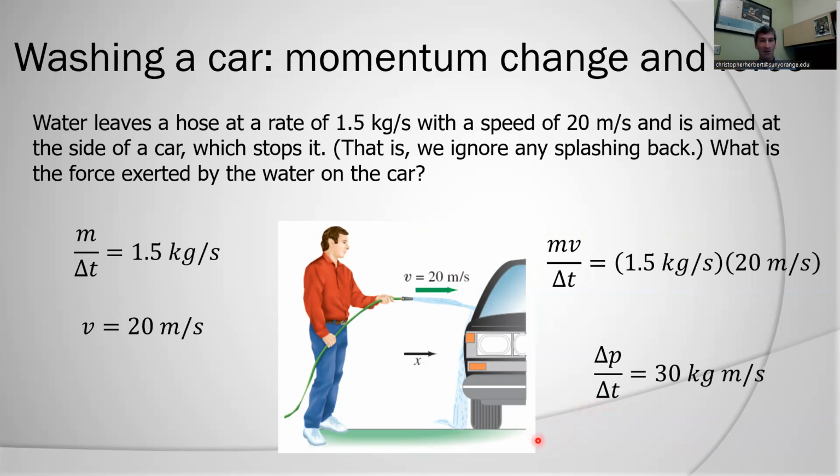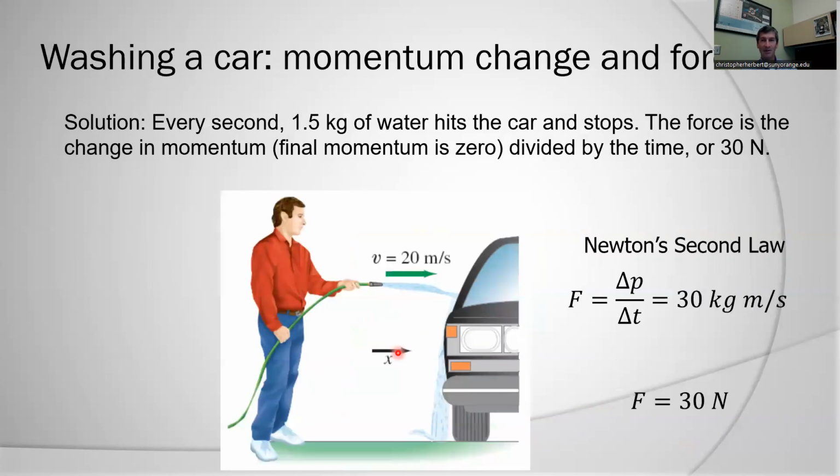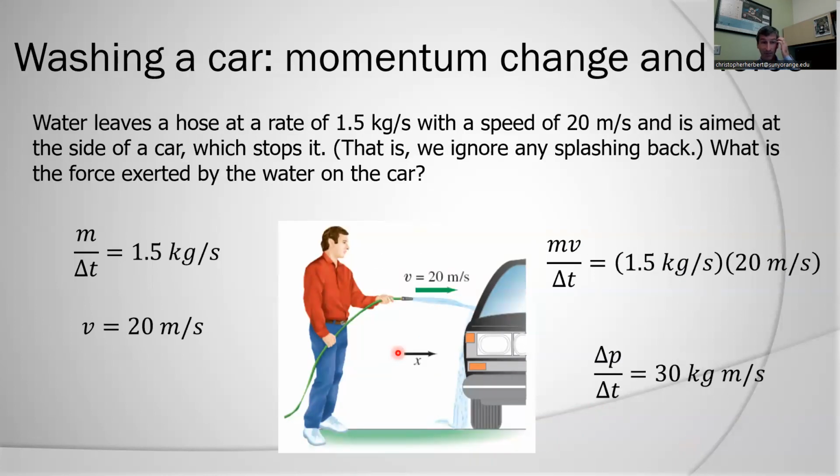Here we have a small garden hose, and we want to know, okay, so what is the total force from this hose? If we have 1.5 kilograms per second coming out of it and shooting out about 20 meters per second, that's pretty fast, 40 miles per hour, 45 miles per hour.